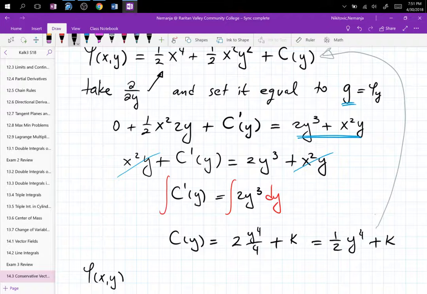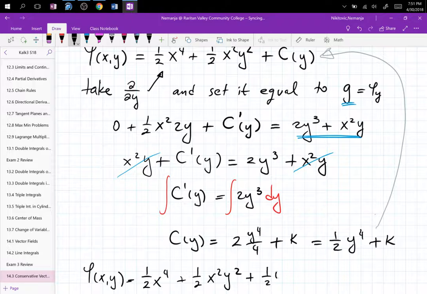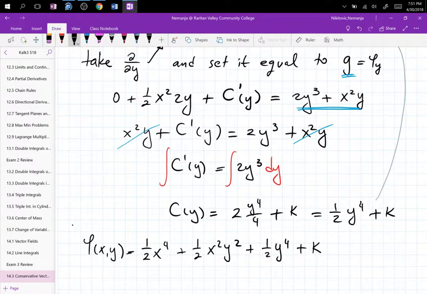Phi of x, y is equal to 1/2 x to the 4th plus 1/2 x squared y squared plus, and instead of c of y, now I have 1/2 y to the 4th plus constant k.